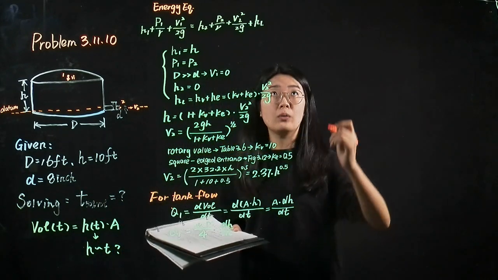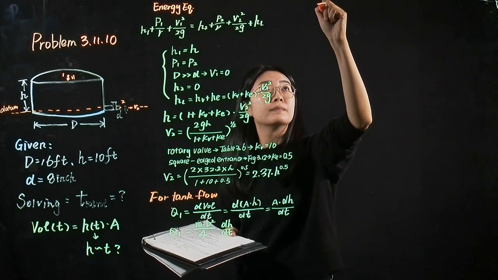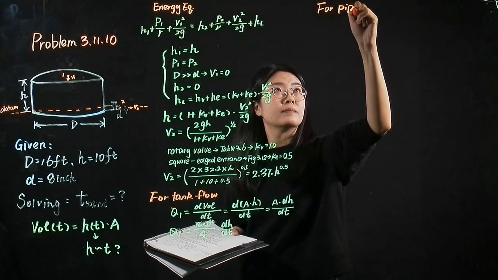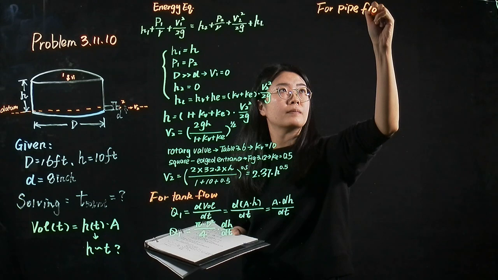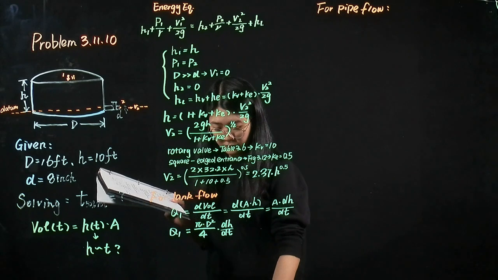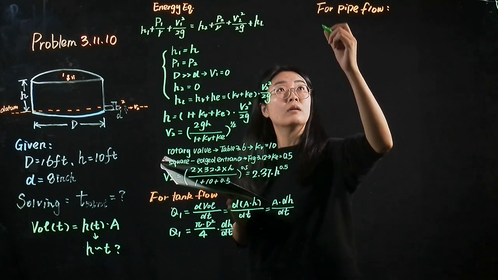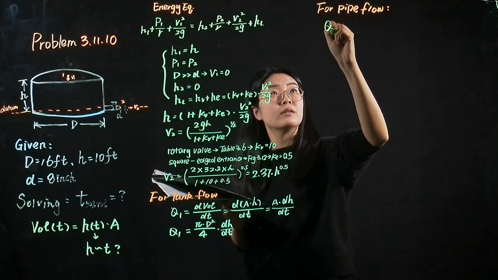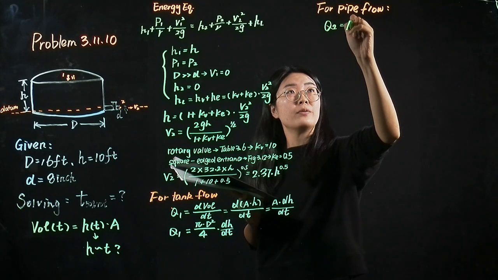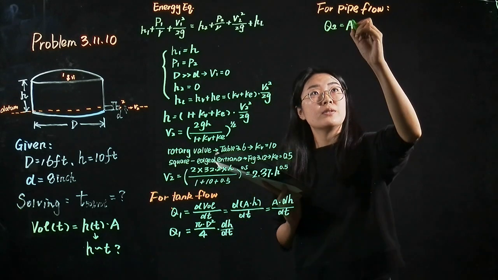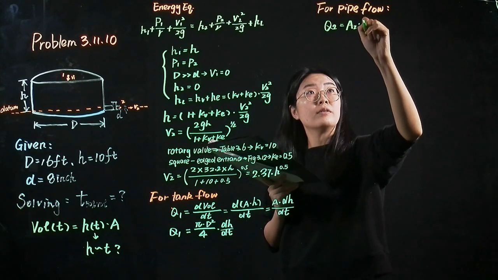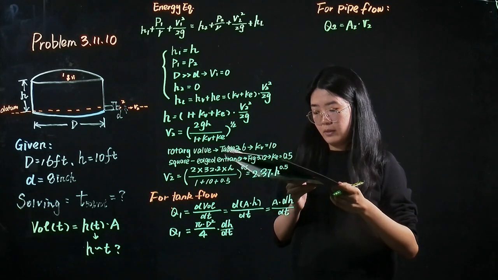For the pipe flow, the flow rate at point 2 equals the area of the pipe at point 2 times the velocity at point 2.